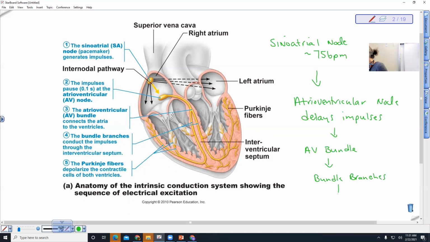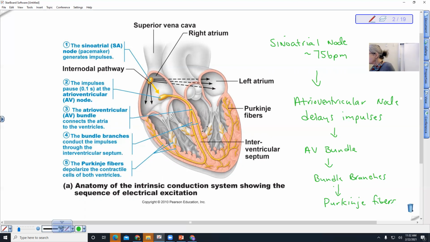And then I learned this next part as Purkinje fibers, but you could also say that these are part of the subendocardial conducting network. So I think the Purkinje fibers, named after probably a person, are more interesting. That's a kind of an easier thing to remember.